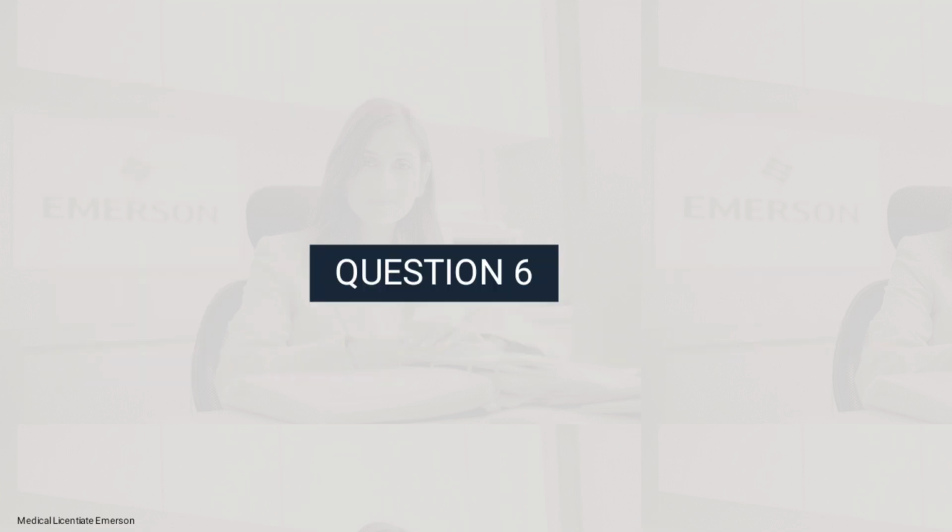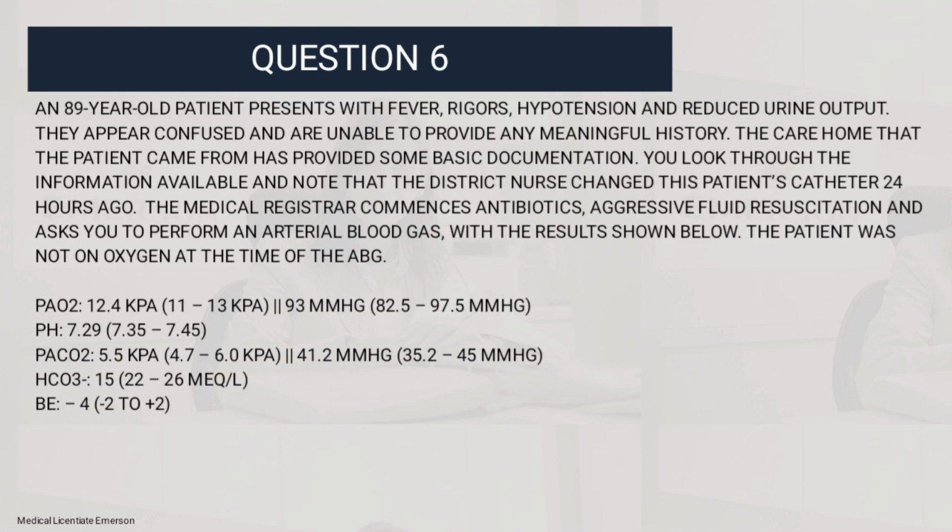In terms of question 6, the patient who has come in is a 9-year-old who presents with fever, rigors, hypotension, and reduced urine output. They appear confused and are unable to provide any meaningful history.